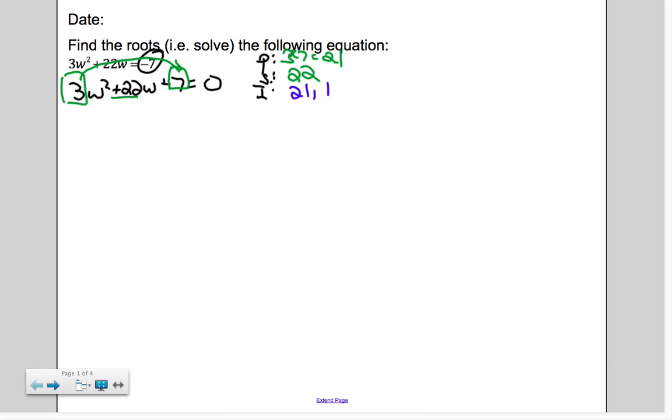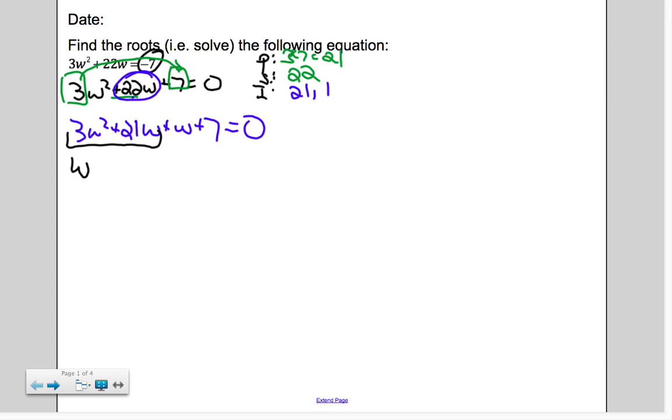So now we could break down our 22w to be 21w plus w plus 7 is equal to 0. The whole idea of getting those two numbers was that I could break down 22w into 21w plus w. Then we factor by decomposition.